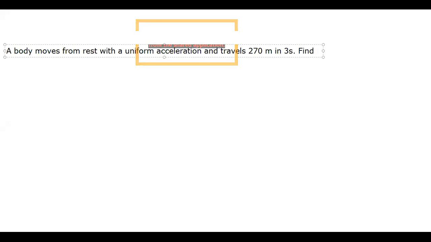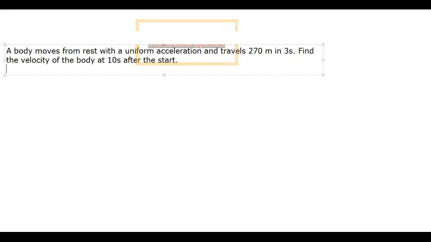Find the velocity of the body at 10 seconds after the start.